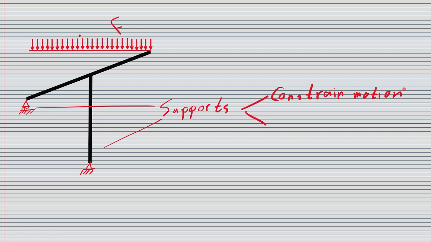So to analyze the forces in a structure, we need to have supports, and they provide reactions. Because as you know, in Newton's law, F equals ma, if our structure isn't held in place, it would just accelerate.